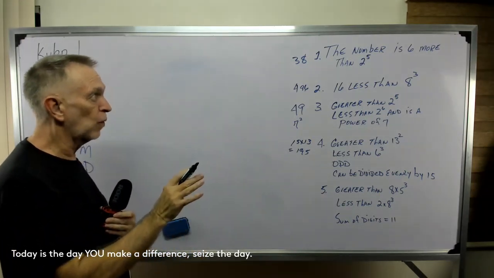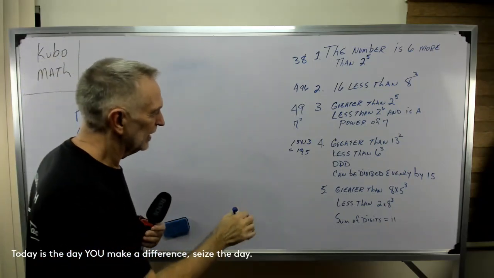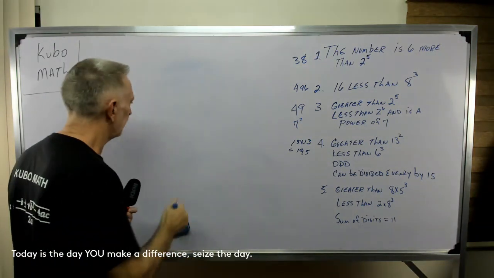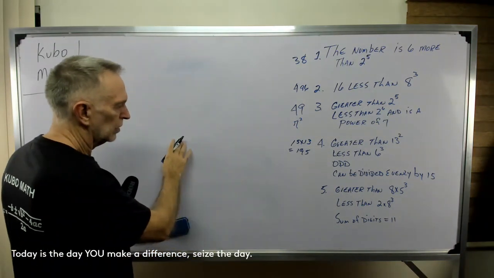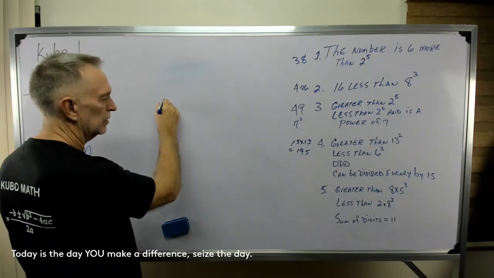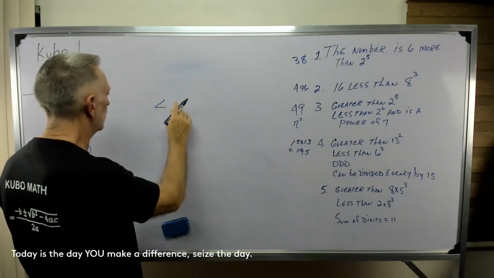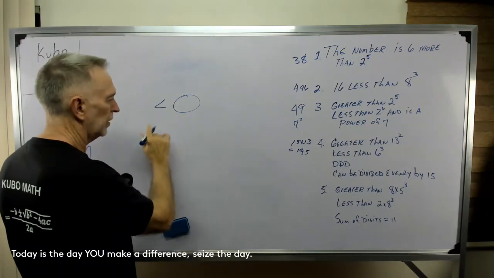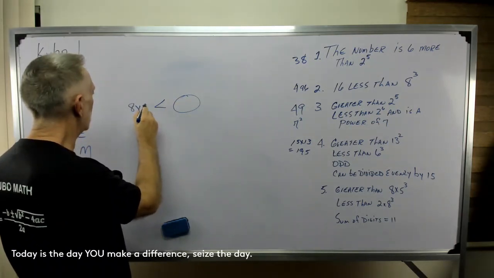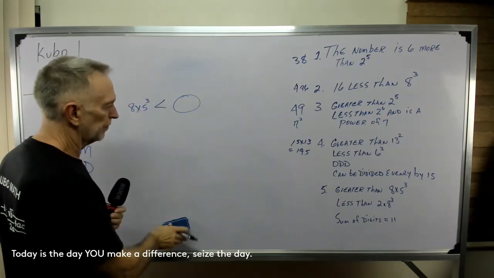Okay, we're looking for the number that's greater than 8 times 5 to the third. So we have some number. It is greater than 8 times 5 to the third power.